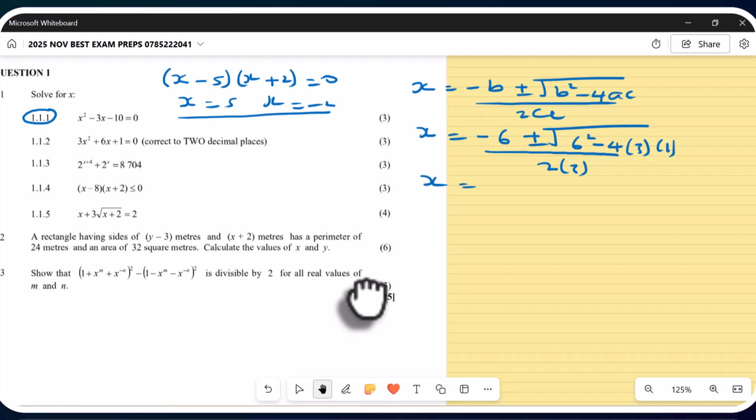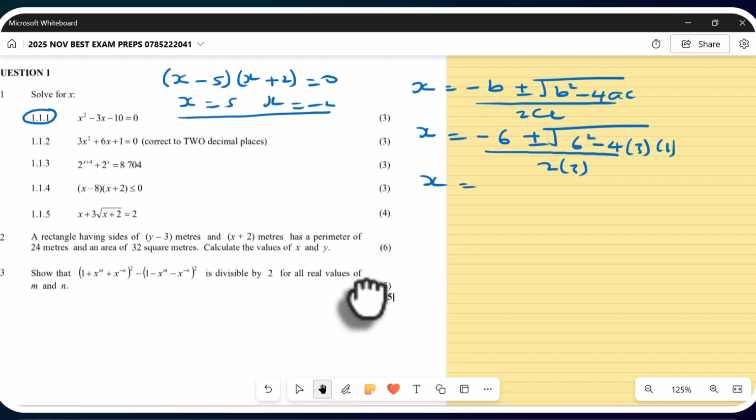The other answer, if I put a minus here, I'm getting negative 1.82. That's what we have here.